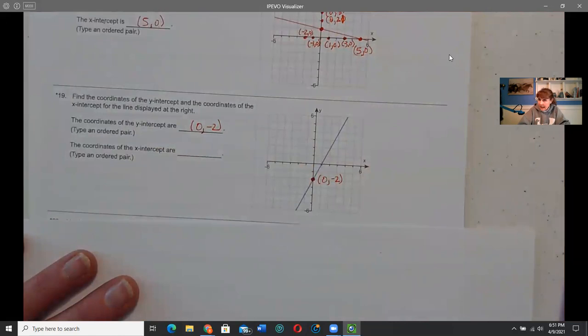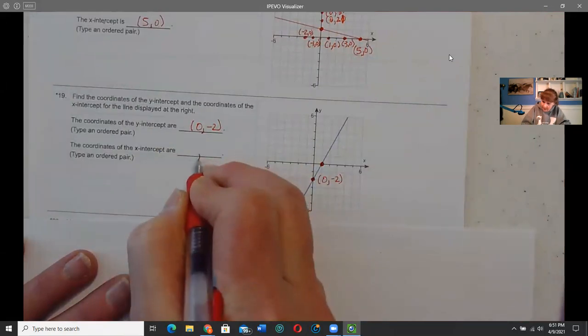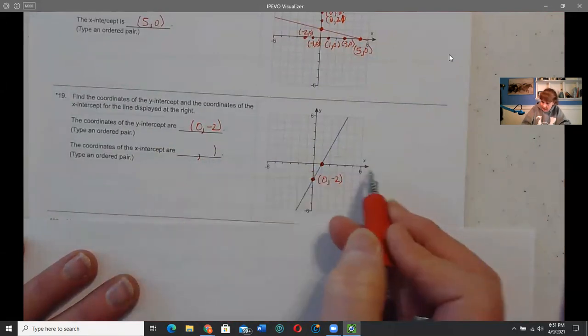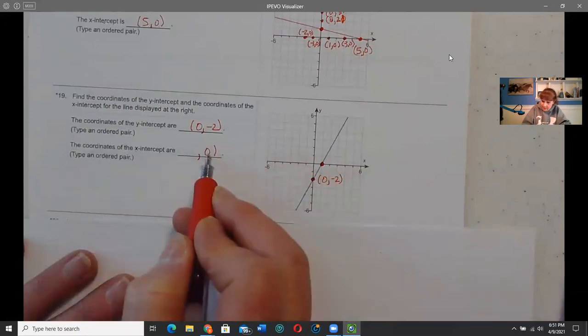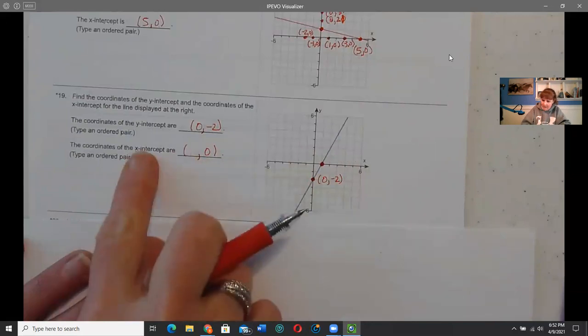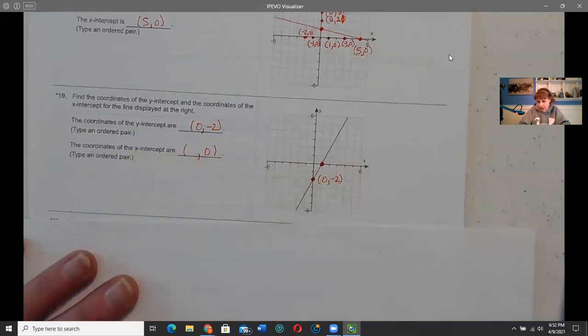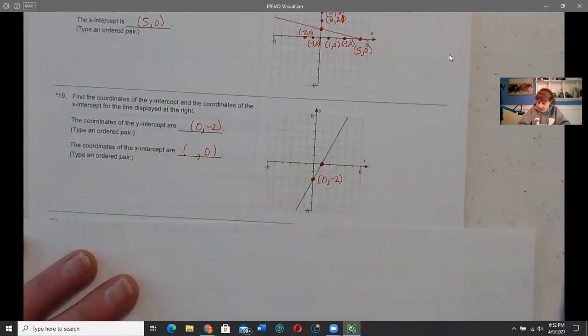Where is it hitting the x-axis, the x-intercept? Well, that's right here. And I know that when it hits the x-axis, the y is 0. For the x-intercept, the y is 0; for the y-intercept, the x is 0. The opposite variable is 0. That's the way to remember it. But exactly what are the ordered pairs here?